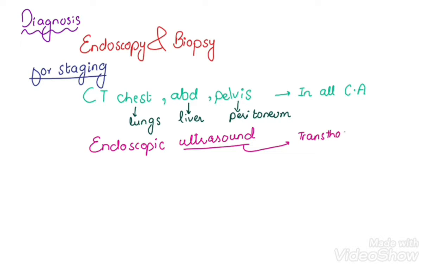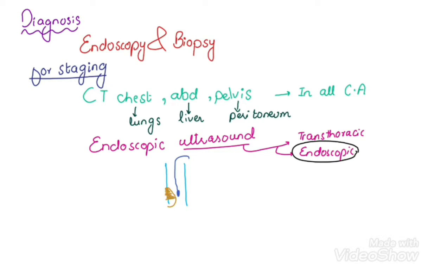In esophageal carcinoma, we use endoscopic ultrasound. The endoscope is projected down into the esophagus and its tip has an ultrasonic probe. It directly emits ultrasonic waves onto the tumor and so helps in finding out the extent of wall penetration by the tumor.